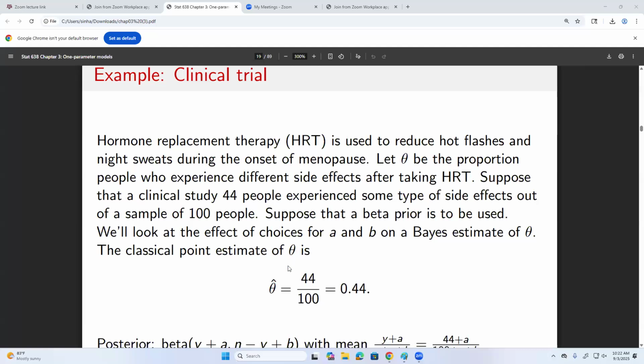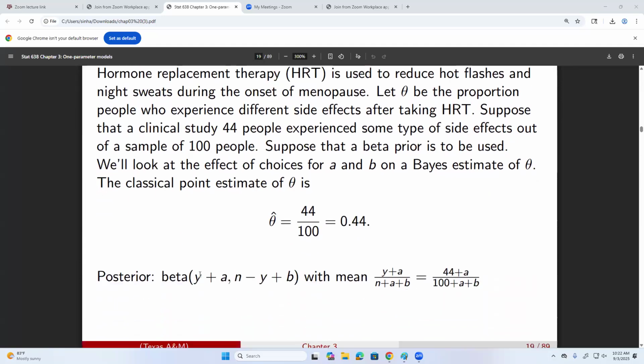And if I use a beta prior distribution with parameters A and B, then the posterior distribution, as you already know, is again a beta distribution with parameters y plus A, and the second parameter becomes n minus y plus B. The mean of the beta distribution is a ratio.